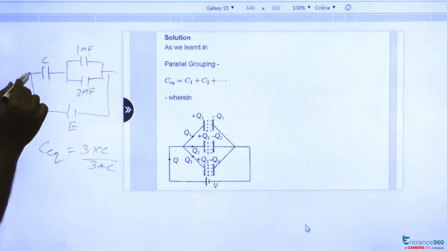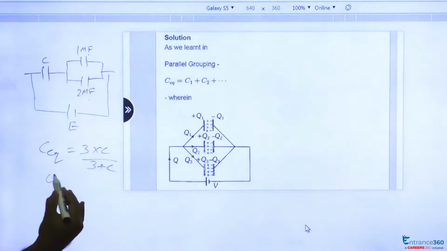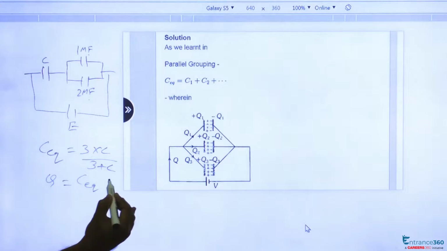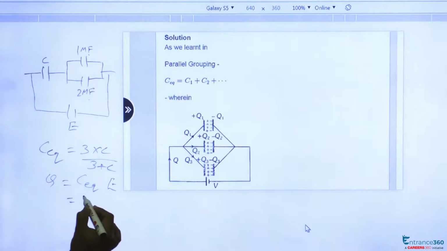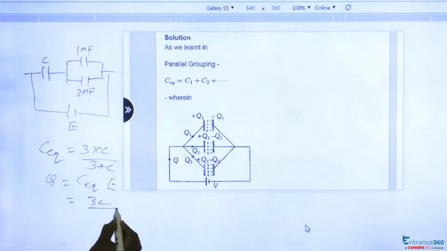So the total charge through this branch will be Q equal to C equivalent into the EMF across this branch, that is 3C by 3 plus C into E.